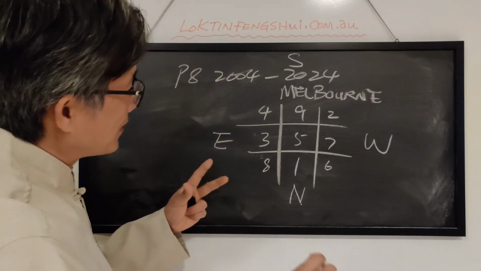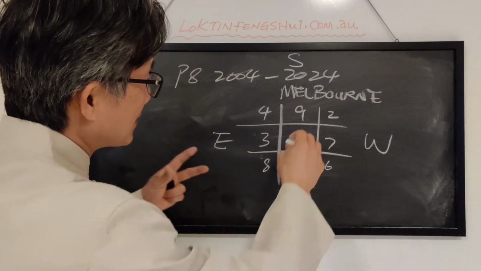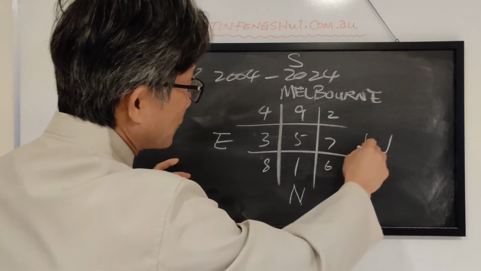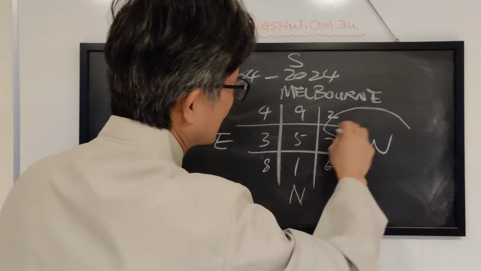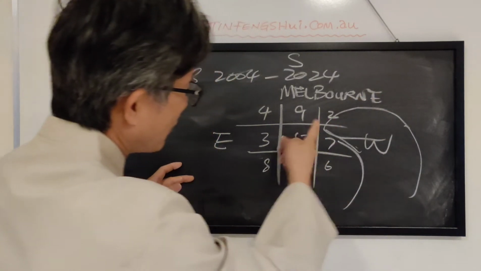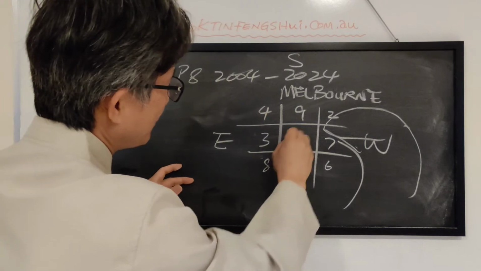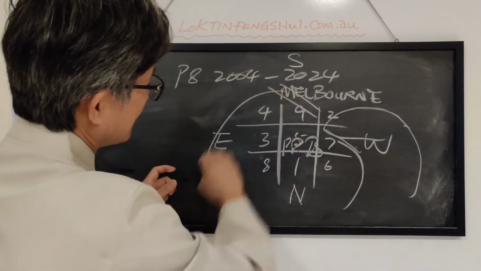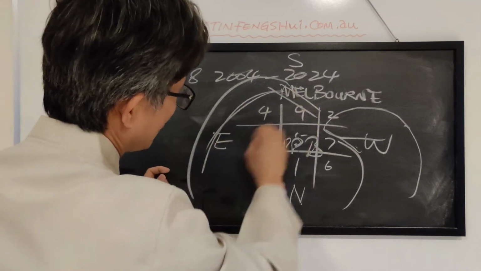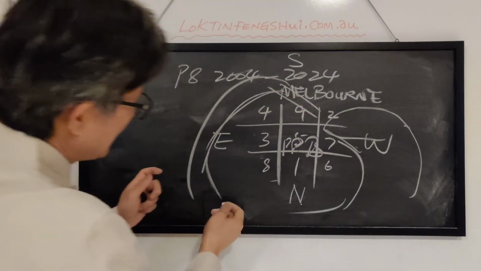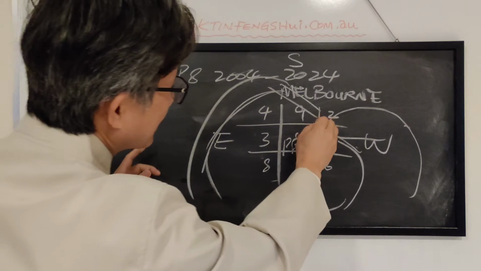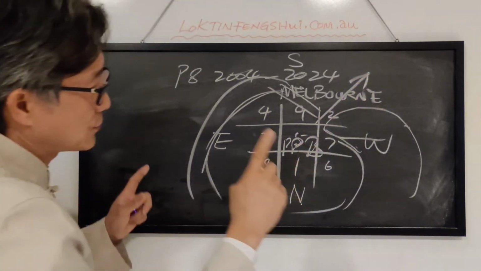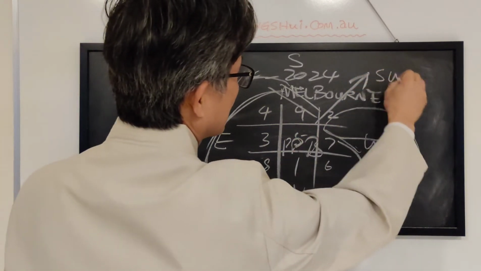If you look at Melbourne, the west here is Port Phillip Bay, PPB. And the water is actually going out to the southwest.